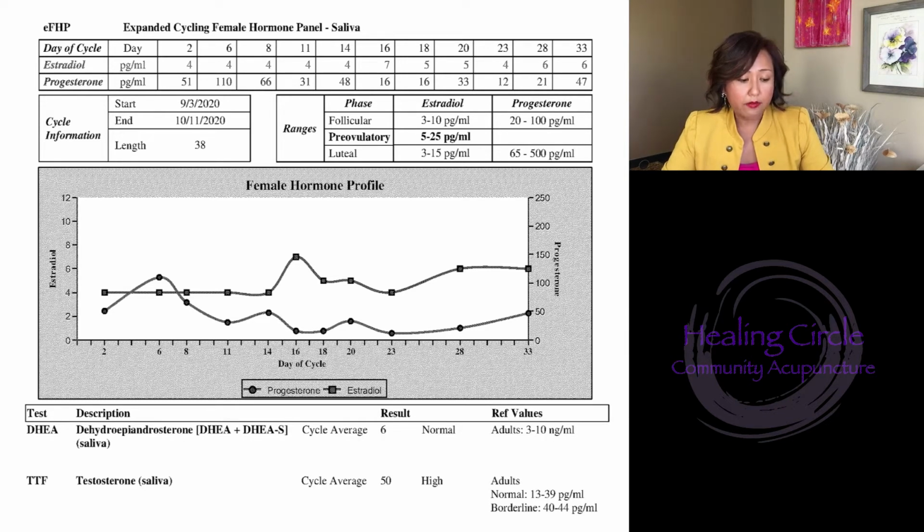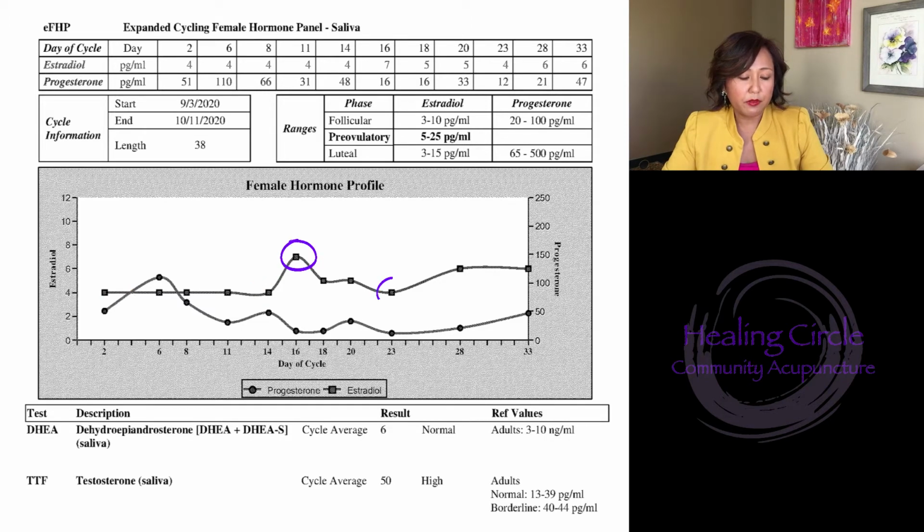Her DHEA level at the bottom of her report on that same page is quite good. She was registering at 6. However, take a look again at her testosterone level at 50. And then if you look at the picture of her graph, her estrogen level plateaus at the very beginning all the way up to day 14, and then it had a little bit of a spike, and then it went down, and then it spiked again towards the very end.